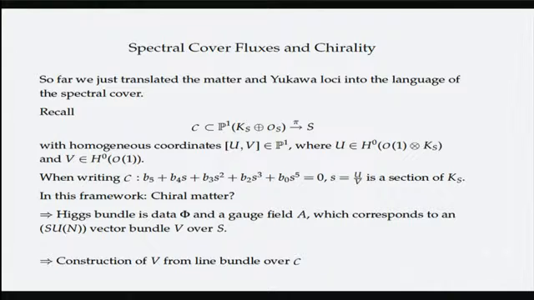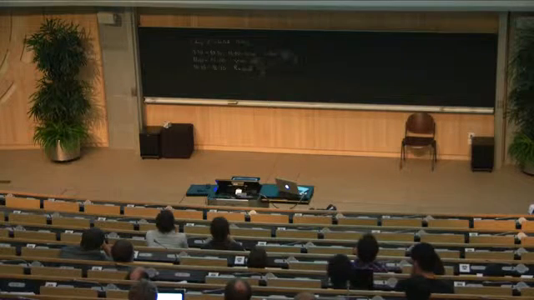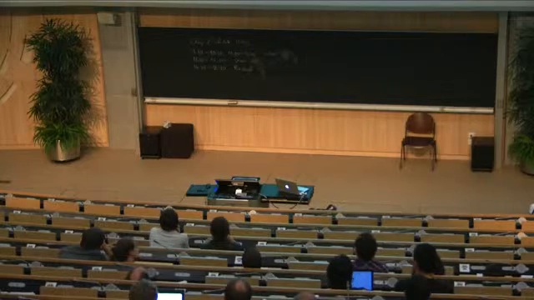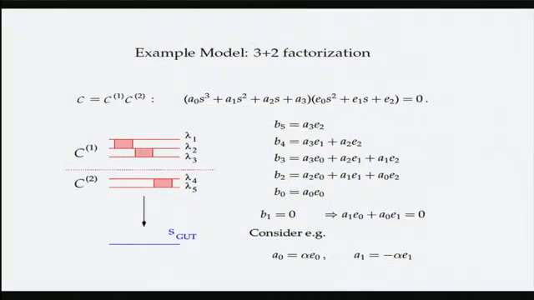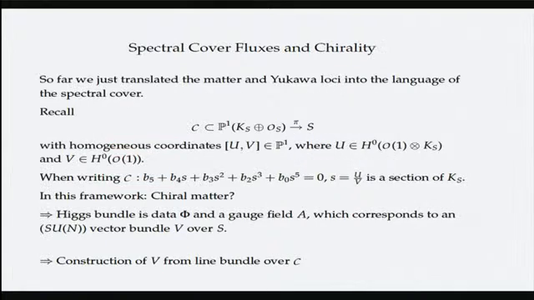I said the way I'd like to think of this spectral cover is in terms of a 5-fold covering of the surface S. And technically, the proper way to describe this is that the S here is actually a section of Ks, the canonical bundle of the GUT surface. Or in better coordinates, I can think of it as embedded in a P1 bundle of Ks plus Os.